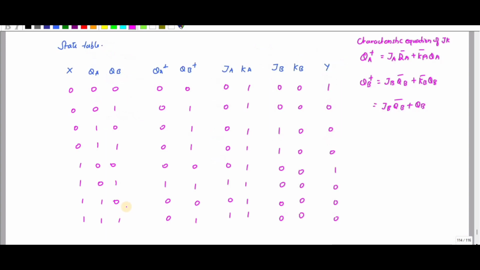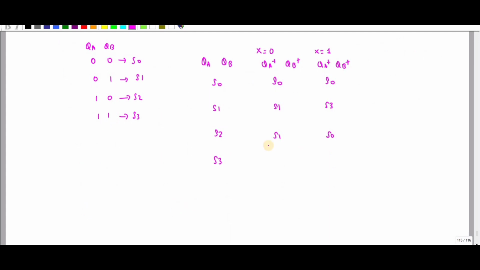For S3, whether X is 0 or 1, it goes to S1. Next, what is the value of Z?